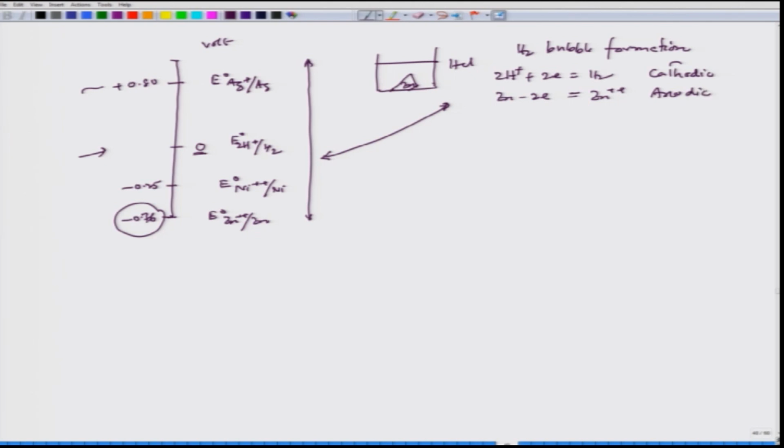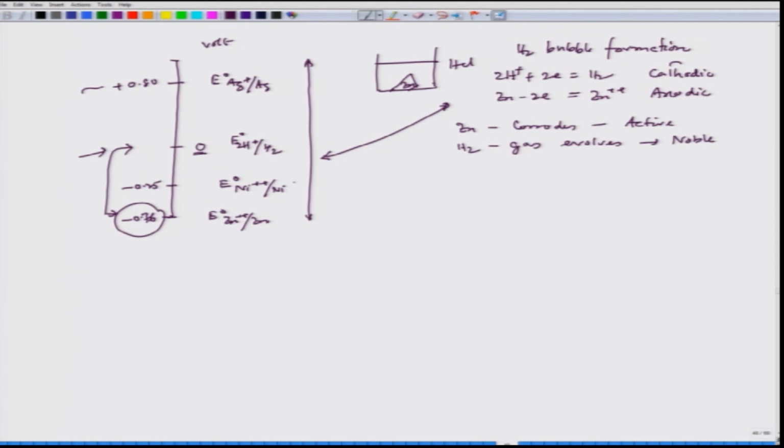That means if we have a connection between these two, I could see which one is behaving as noble and which one as an active element. In this case zinc corrodes. That means it becomes active in HCl solution and hydrogen gas evolves, so hydrogen is acting as the noble part in these two half cell reactions and the complete cell reaction.